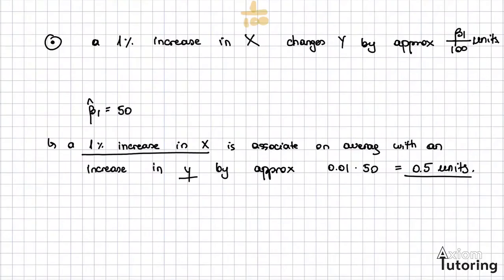Now, the effect of a 1% increase in x is constant. But a 10 unit increase in x does not have a constant effect, because percentage changes depend on the starting level.